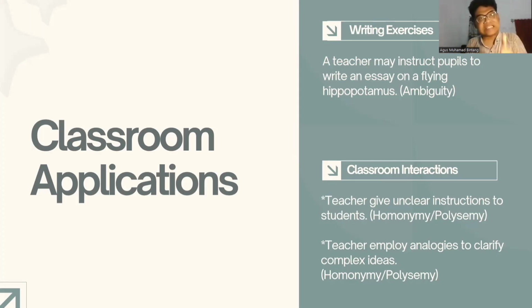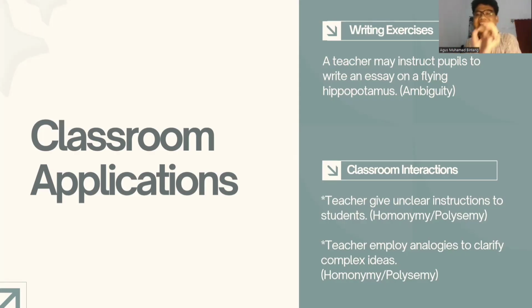For example, when a teacher gives an exercise, they can use unclear instructions. The unclear instruction in the exercise can enhance students' ability to focus, to create a creative mind, and to try to make a new meaning from their cognitive mind.